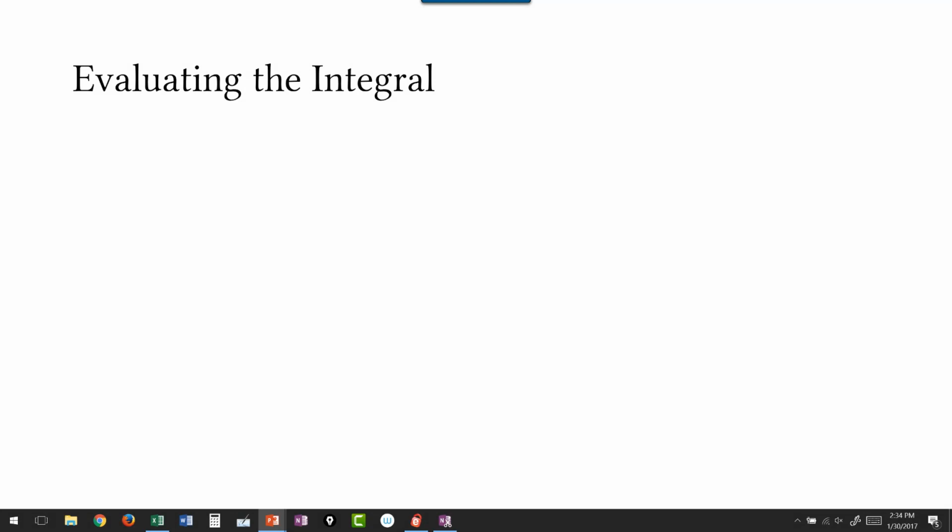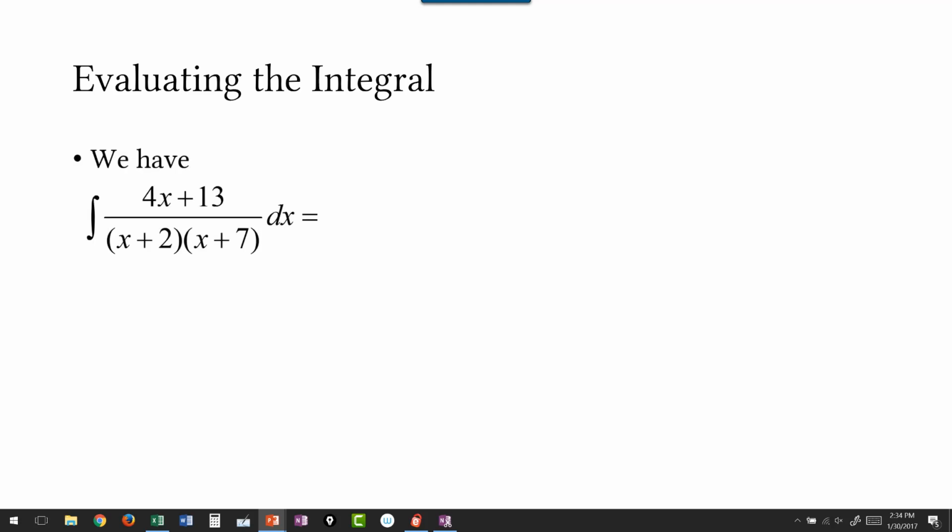Once we have found the a and the b, as we did in the previous example, we use that to complete the evaluation of our integral. The original integral 4x plus 13 over x plus 2 times x plus 7, we have now seen we can rewrite as the integral of 1 over x plus 2 plus 3 over x plus 7.